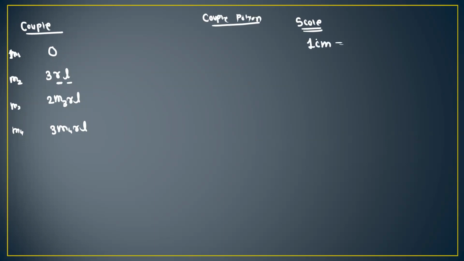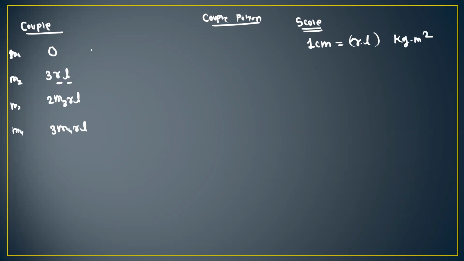So we will take the scale in terms of R and L. Okay, so 1 centimeter is equal to R into L. So this is the scale. So the unit will be kg meter square.